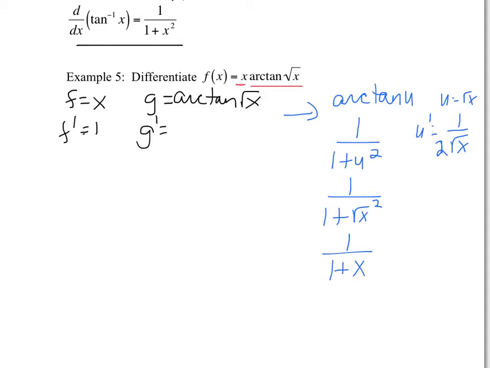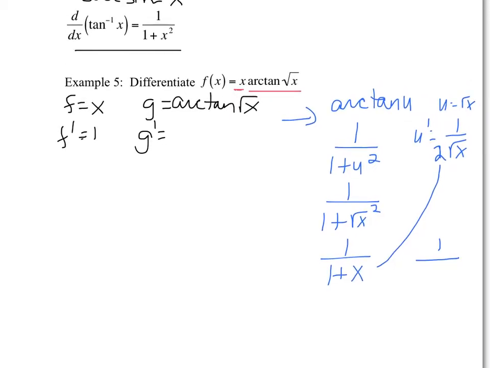And when we multiply these two things together, we get a final answer of 1 over, if we distribute that 2 square roots of x to the bottom, 2 square roots of x plus 2x square roots of x. So we go over here and write that down for our g prime. That's 1 over 2 square roots of x plus 2x square roots of x.